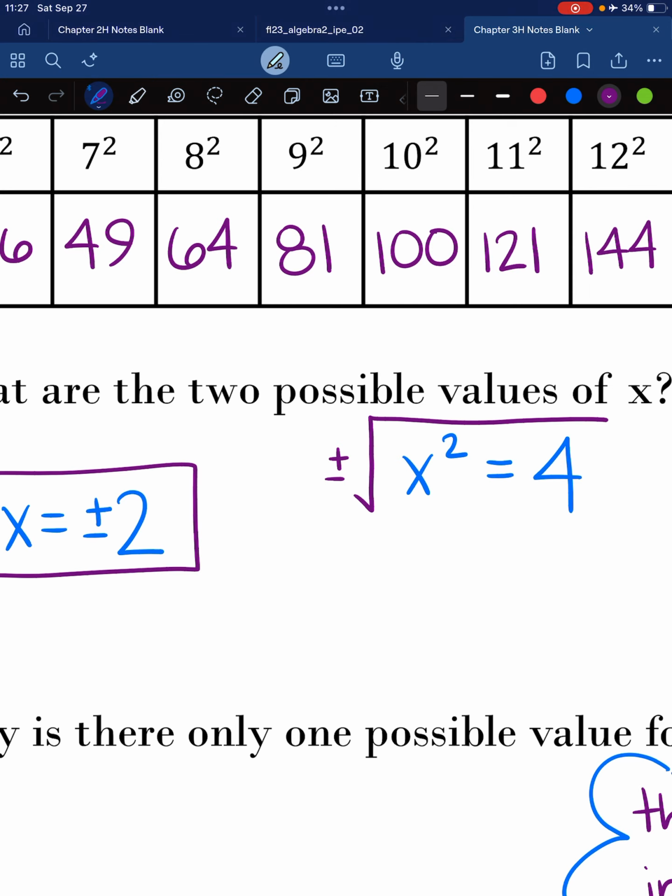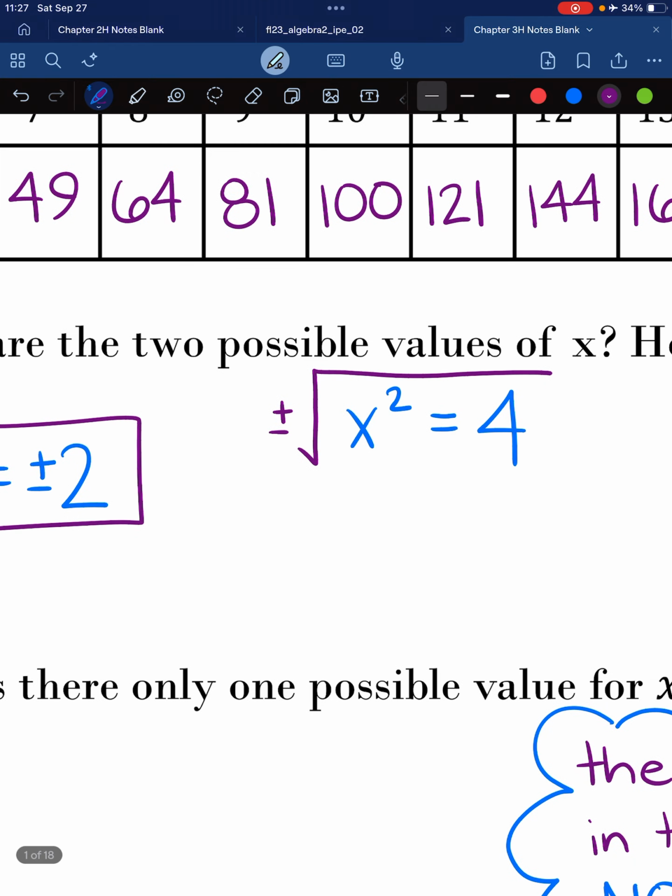Just like adding and subtracting 2 are inverse operations. It makes the value go away. Okay, I need to remember to add this plus or minus sign there because there are two possible answers when I square something for the result to be positive. Okay, so when I take the plus or minus square root of both sides, we end up with x equals positive or negative 2.